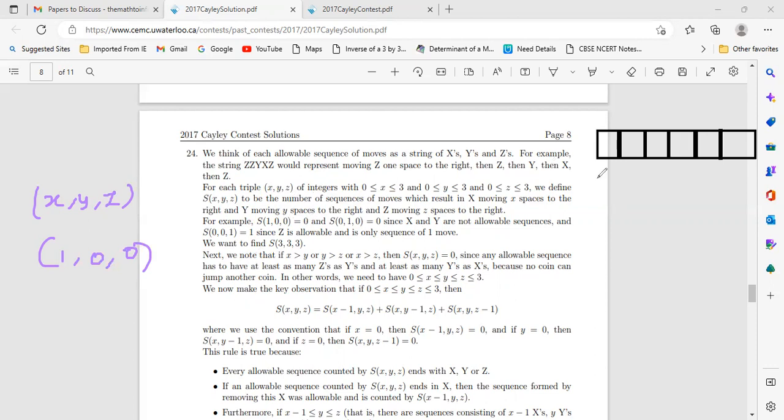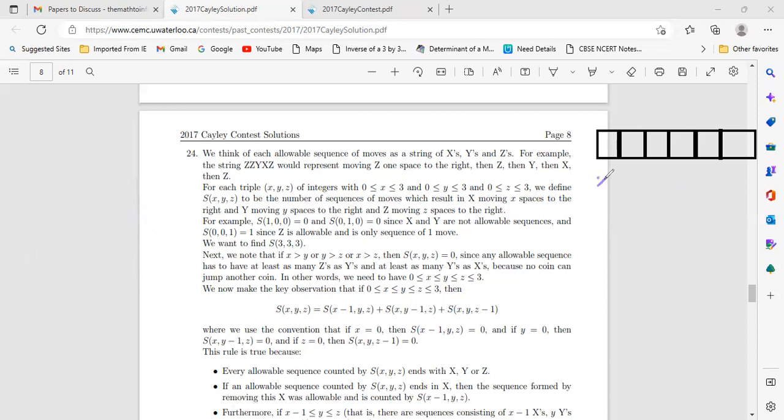So in this case, it doesn't happen, right? Because for the movement of X, at least Y and Z have to move. They have to move, right? So you can't move X until you have Y and Z in front. So that is not possible. 1 comma 0 comma 0 is not possible, right?